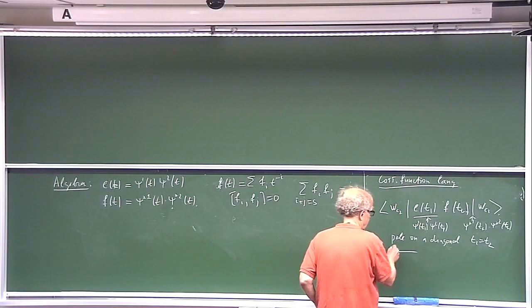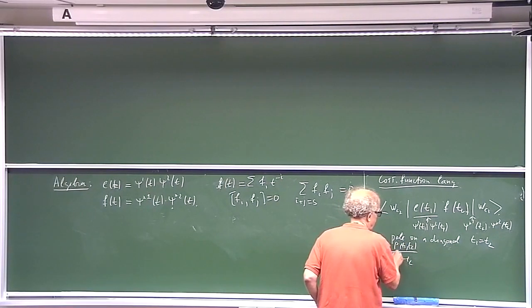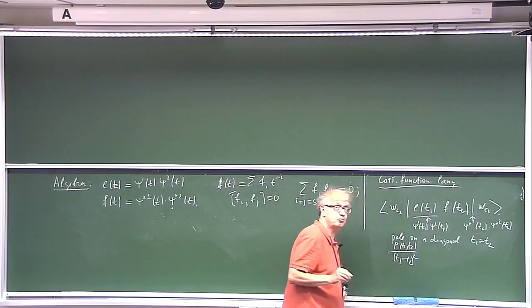So this correlation function is P(t1, t2) over (t1 minus t2) squared.